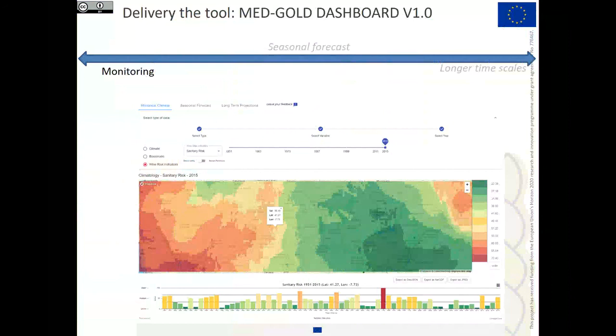They can also export the data in the format that they requested since the beginning.